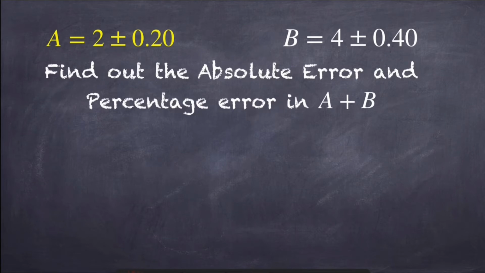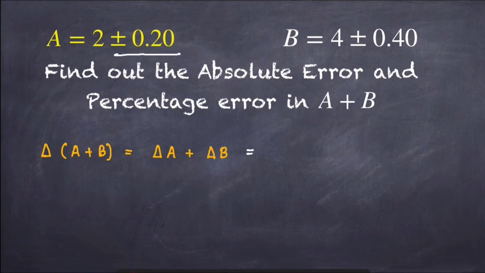So the absolute error in the expression A plus B will be equal to the absolute error of A plus the absolute error of B. What is the absolute error of A? Plus minus 0.20. What is the absolute error in B?